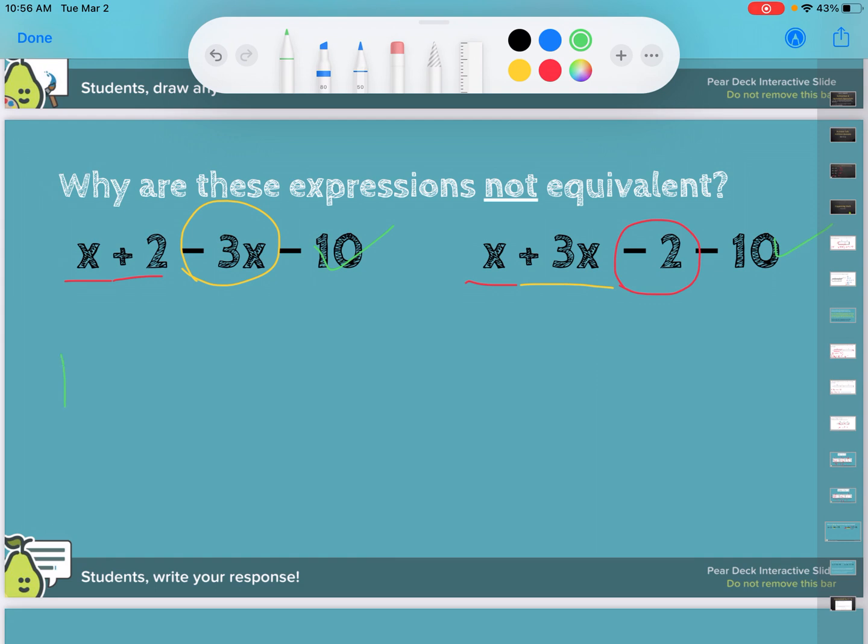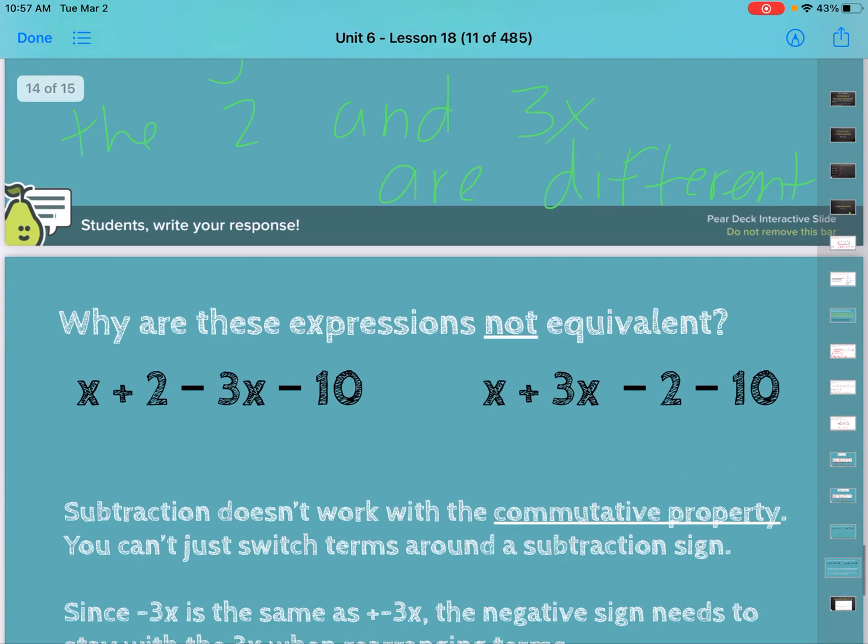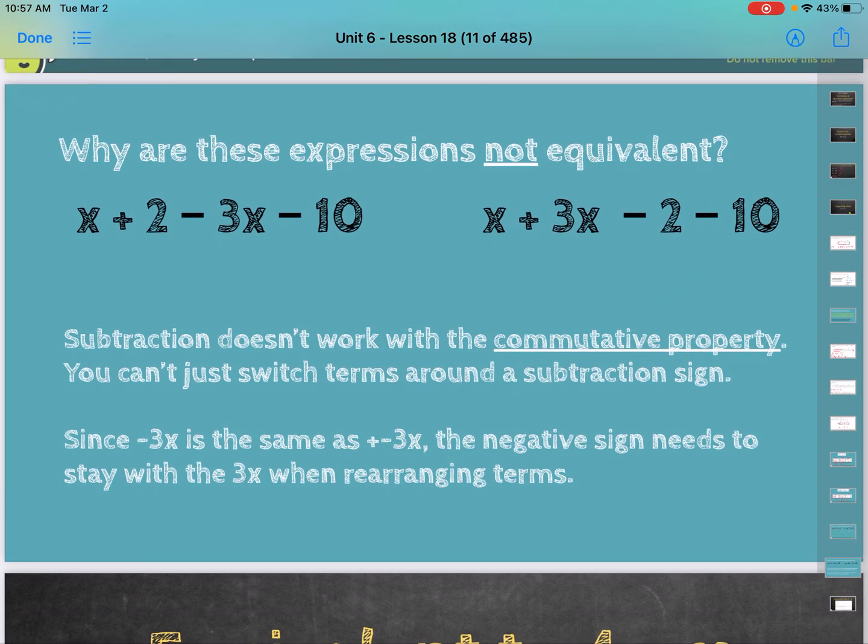So the sign in front of the 2 and 3x are different. Okay, so subtraction doesn't work with the commutative property. You can't just switch the terms around with a subtraction sign. Since negative 3x is the same as adding a negative 3x, the negative sign needs to stay with the 3x when you rearrange the terms.